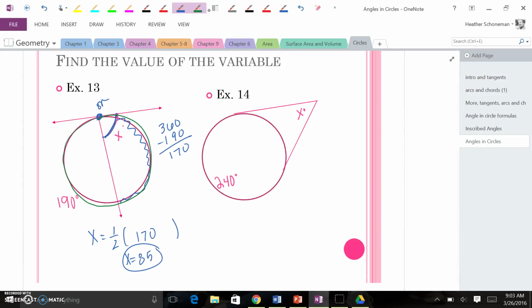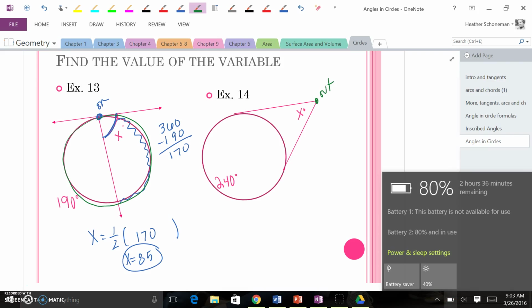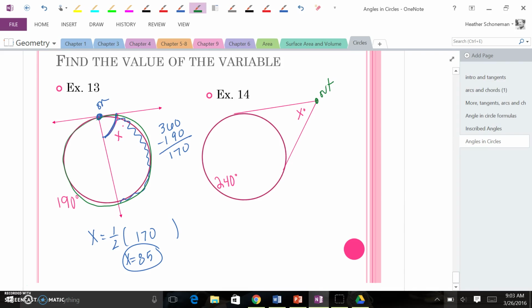Alright, one last example. X is outside the circle. So there's the vertex outside. And when it's outside the circle, the angle, the one closest to the vertex, equals 1/2. When it's outside, it's going to be the big arc minus the small arc. They gave you one of those arcs. They gave you the big arc.